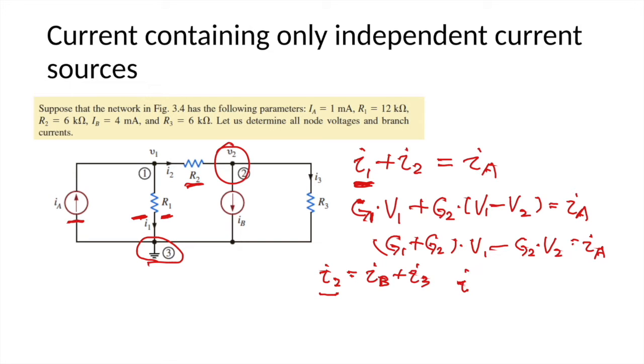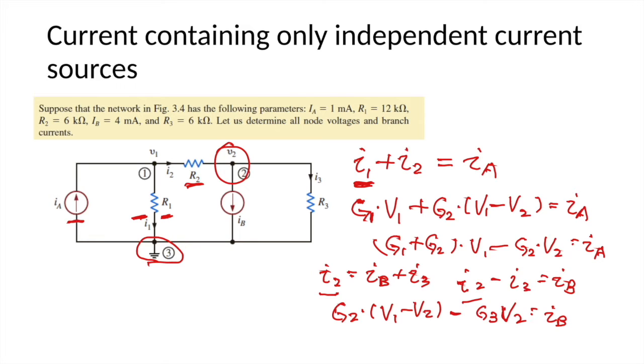So we have I2 minus I3 equals IB. I2 equals G2 times V1 minus V2. I3 equals G3 times V2.